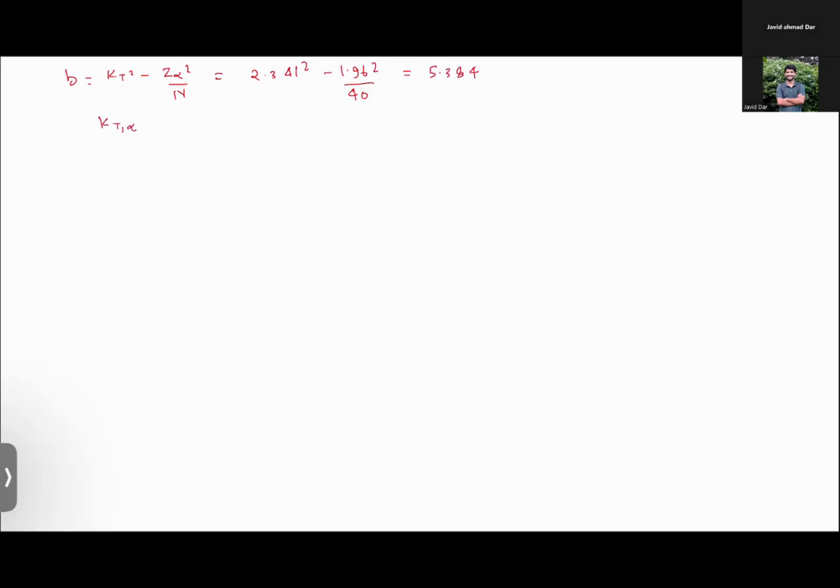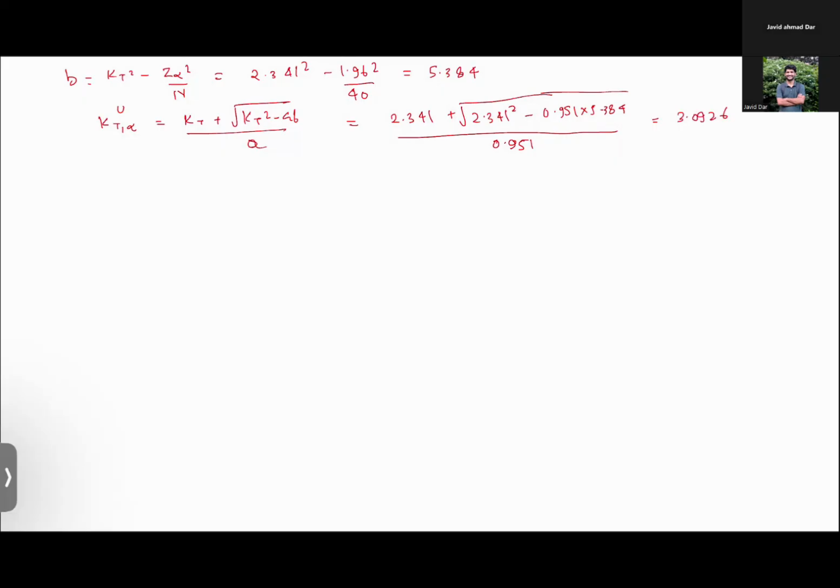Kt alpha of U is Kt plus under root of Kt square minus AB, divided by A. This becomes 3.0926.